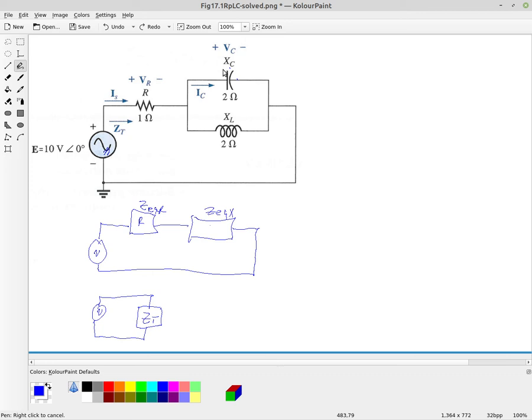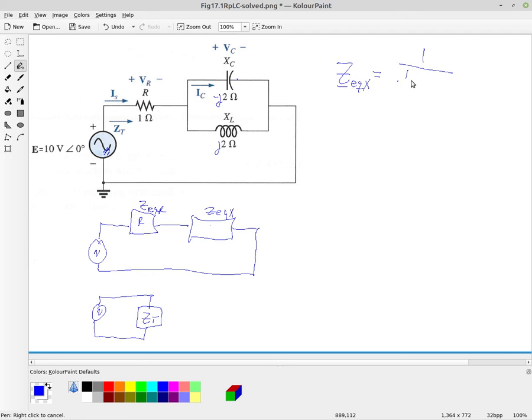Okay, but we're going to find the equivalent of these reactances here. I'm going to call this Z equivalent X, right? And they're in parallel, so we know that we get 1 over. Now they're both 2 ohms reactance, but the capacitor is minus j2 and the inductor is plus j2.